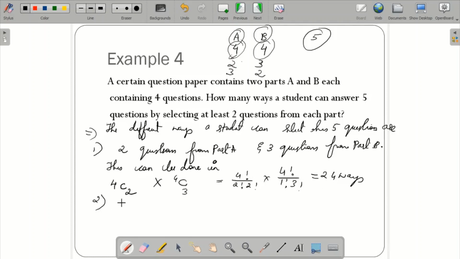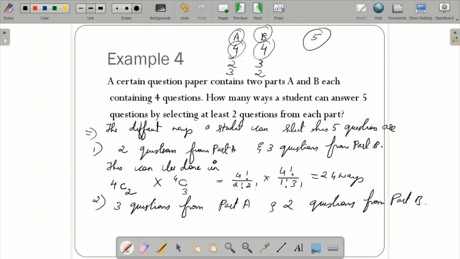Second possibility is 3 questions from part A and 2 questions from part B. So this can be done in 4C3, 3 questions from part A, and 4C2.